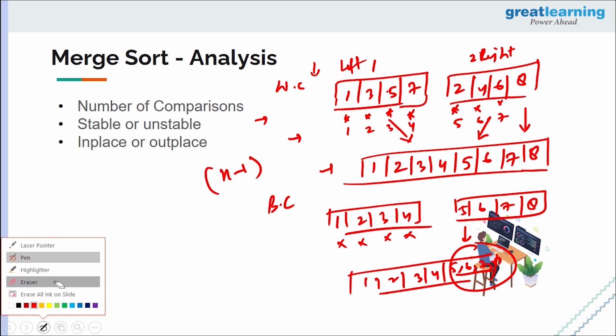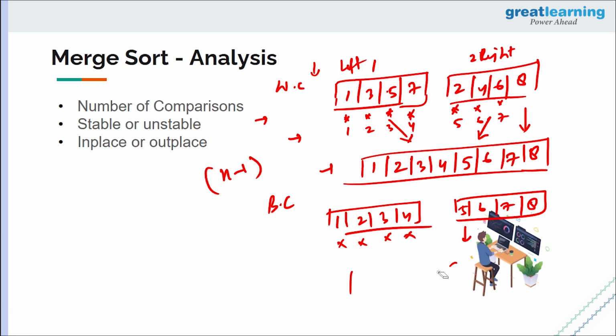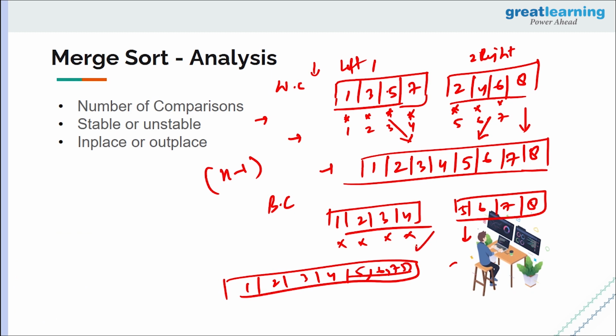So just a minute. So what would have happened, we have this array at the end, we have 1, 2, 3, and then the rest of the elements 5, 6, 7 and 8 would have been inserted directly. So the number of compares would have been n by 2, that is 4, right? Only 4 comparisons. But this is the best case, and we never talk about best case.